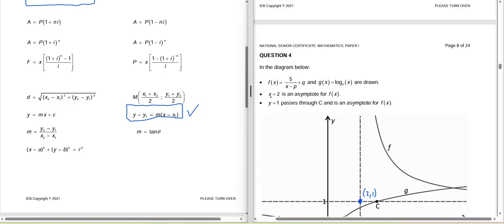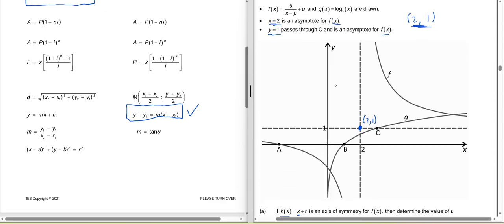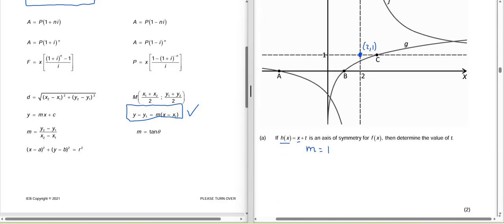We are saying x equals 2 is an asymptote, and y equals 1 passes through C and is an asymptote to f of x as well. So the intersection of that, which is the coordinates 2, 1, will be a point where the axis of symmetry is going to pass. So we have our point, which is x1, and this is y1. So that is another way of thinking about it.